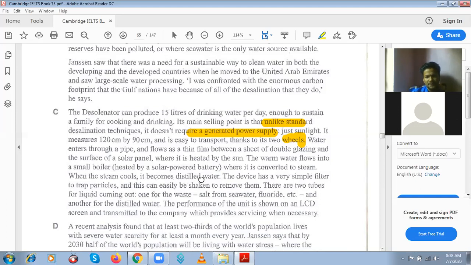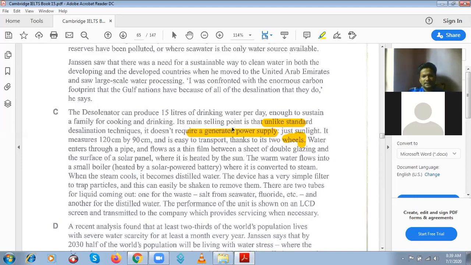The device has a very simple filter to trap particles, and this can easily be shaken to remove them. There are two tubes for liquid coming out, one for the waste, such as salt from seawater, fluoride, etc., and another for the distilled water. The performance of the unit is shown on an LCD screen and transmitted to the company, which provides servicing when necessary. So this is particularly different from others.